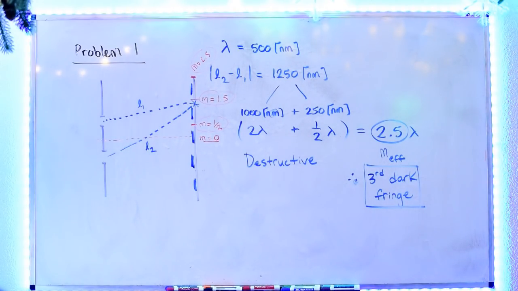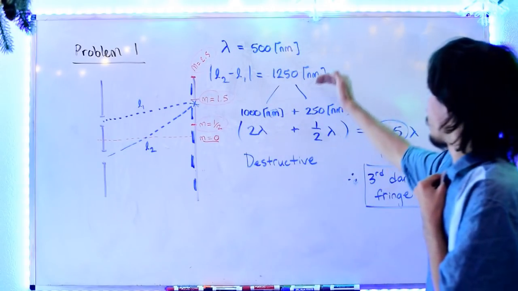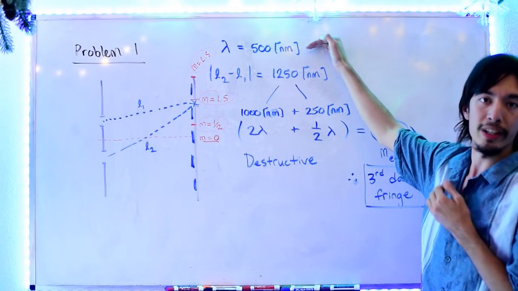Two-part question. Do we check to see how many times lambda divides into the path difference in order to see how many wavelengths we have? And if it doesn't divide evenly, will it be destructive? That is correct. So in other words, if you took the path difference of 1250 and you divided it by 500, you're going to get 2.5.